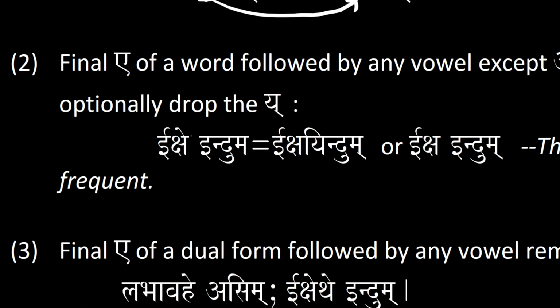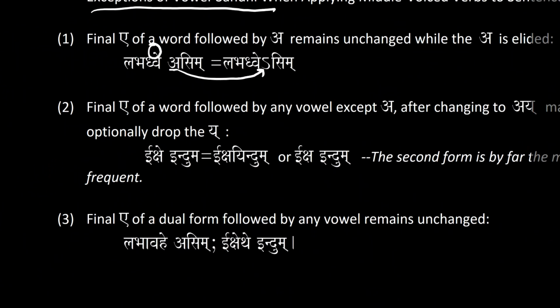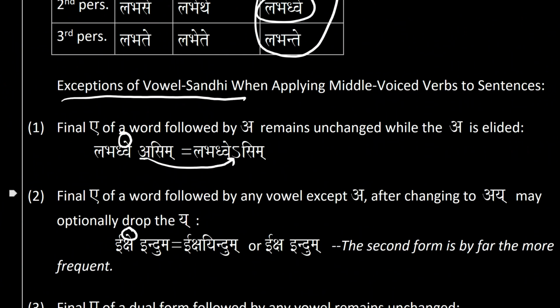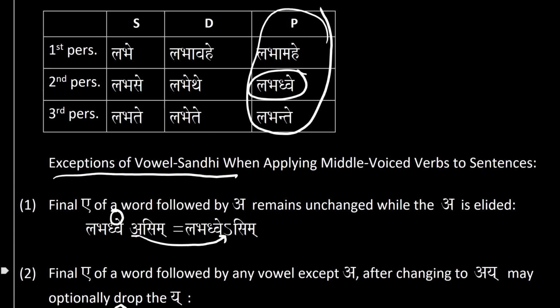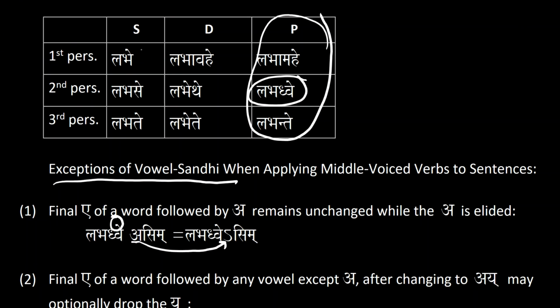So we have ikshe. Here's the e here. This is conjugated in the middle voice, and ikshe is first person singular. We have that case ending here. The dhwe was for the previous one. We have e for this one. So this is in the singular category.